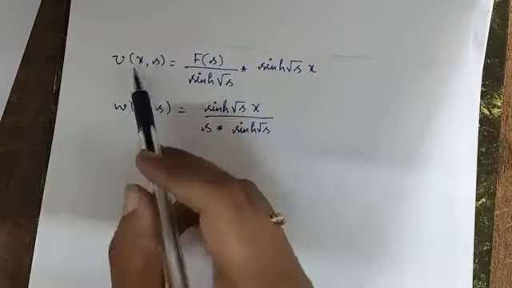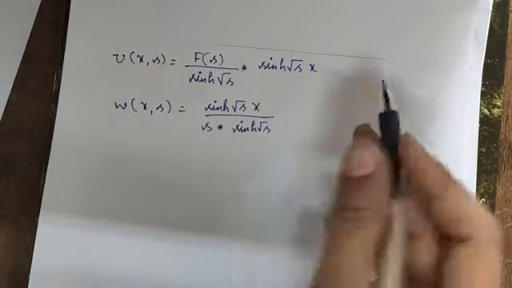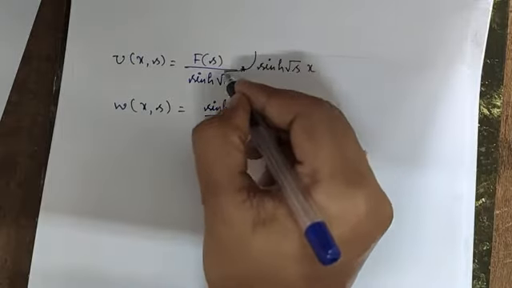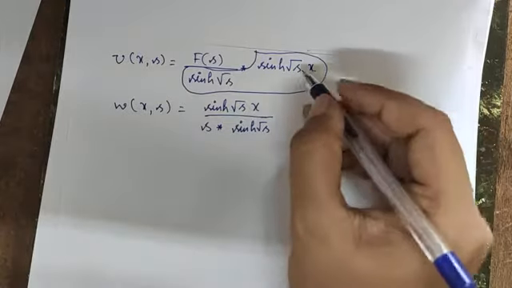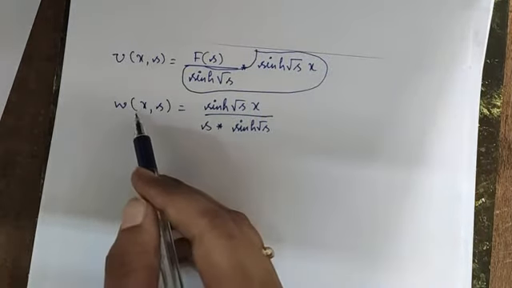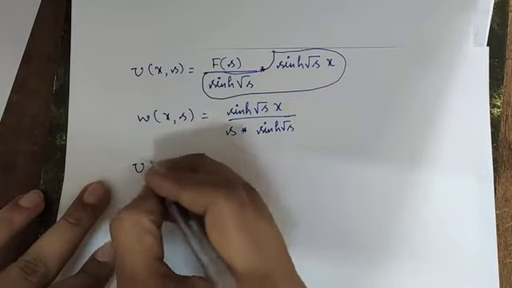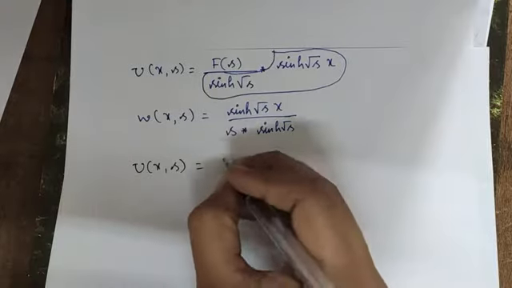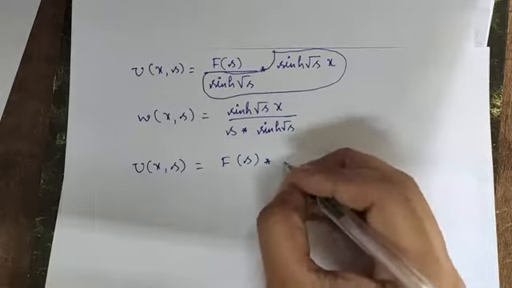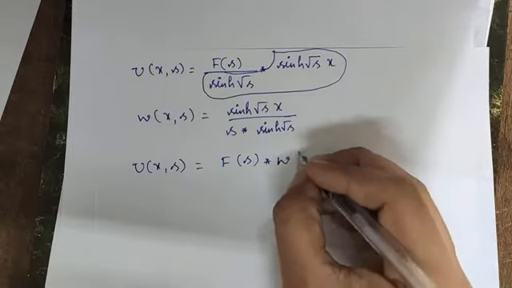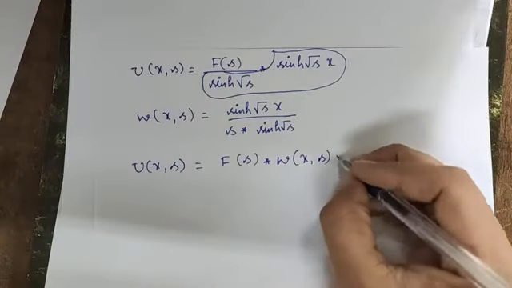Now if you compare your u of x comma s solution with omega of x comma s solution, you can observe here, if I multiply 1 over s with this, I will get omega of x comma s. Correct? So I can express my u of x comma s as F of s as it is into omega of x comma s into s.